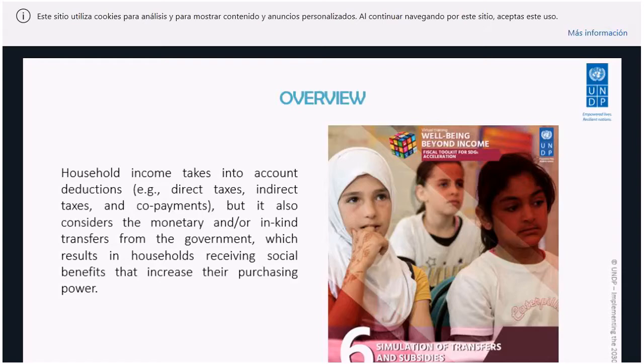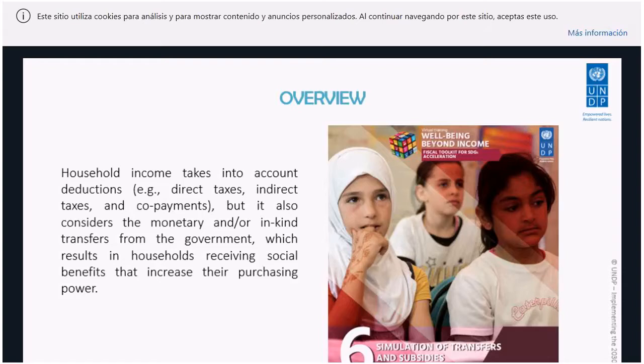For instance, if one government aims at increasing the rate of the value-added tax, the direct effect of that change in the tax would be a reduction in the purchasing power capacity of households, of some households at least, right?